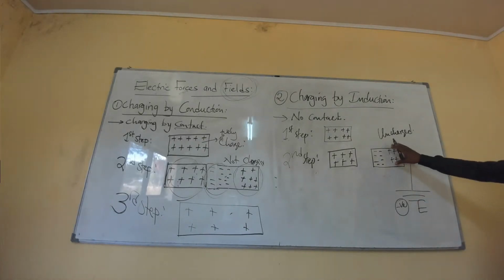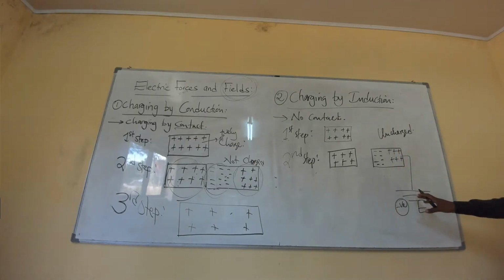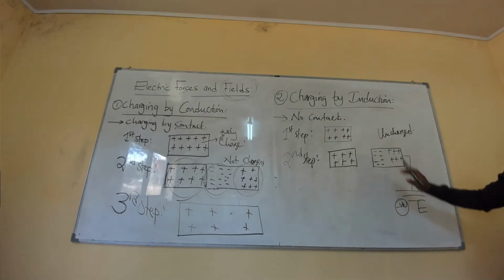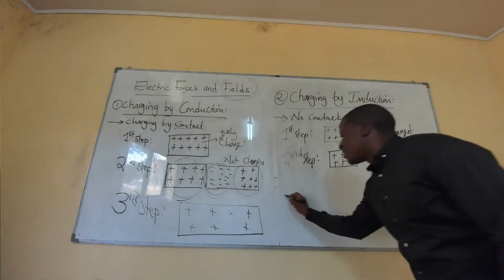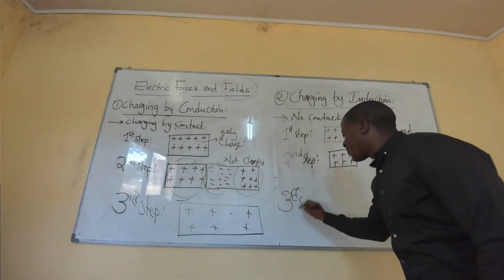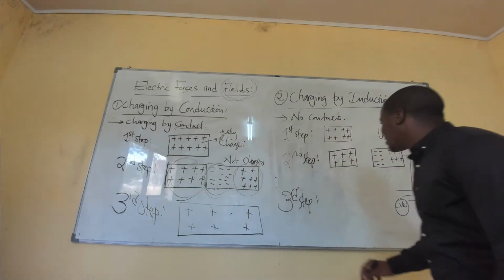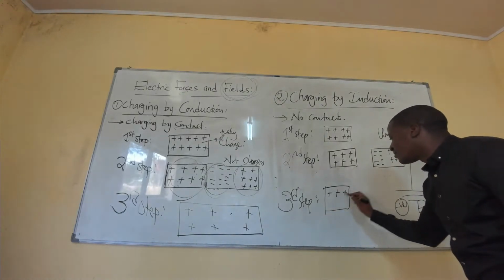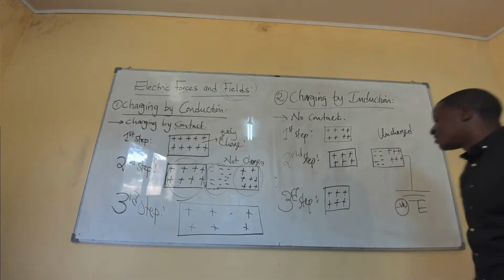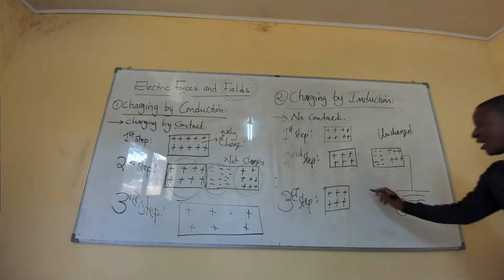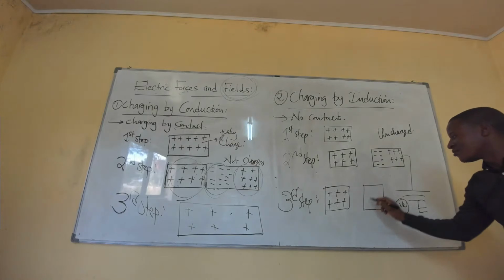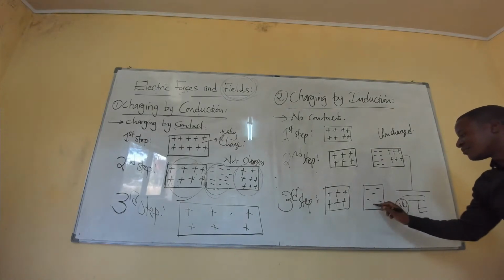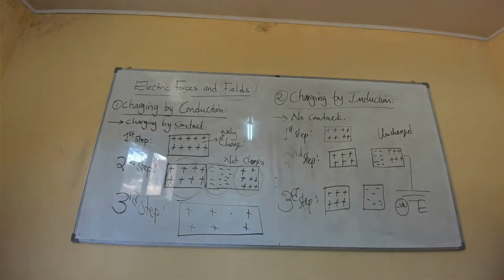So these positive charges will actually go down and it will leave this as a negative charge. So in the third step, what we see is that we'll have our body here, which is our initially positively charged body, and then the other one will actually be negative. And that ends your process. All right.